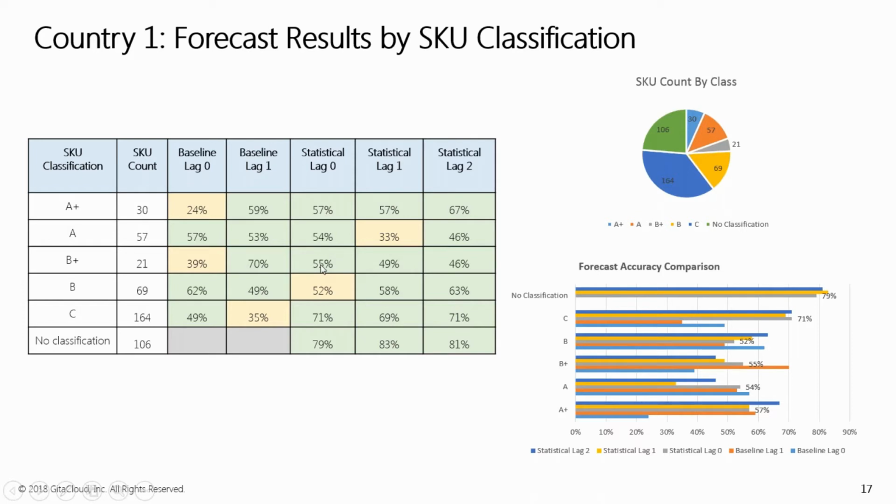And for B plus, for each of these methods, to summarize, we were providing good overall forecast accuracy compared to the baseline. Specifically, if you look at C, we're significantly better, and we were even able to come up with forecast accuracies for those SKUs for which we didn't have information.